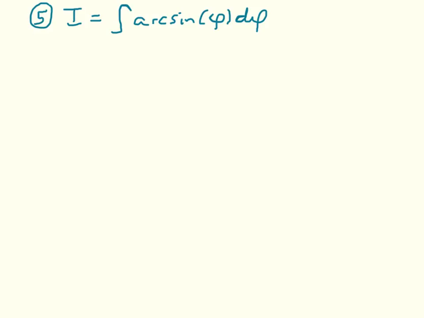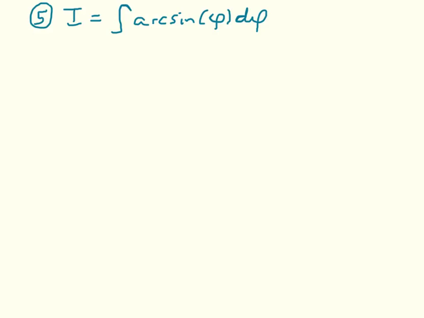So in this integral, the integral of arc sine of phi with respect to phi, we may not recall immediately what the answer is. I certainly don't myself. But if we know how to differentiate this function, then integrating it using integration by parts is not too difficult.